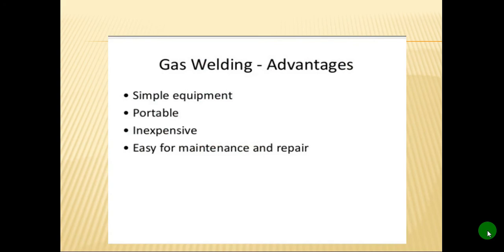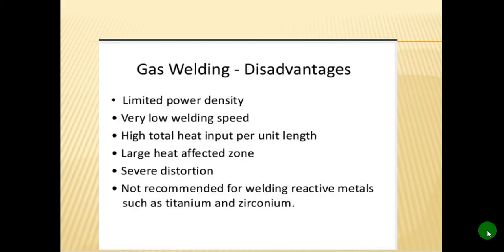Gas welding advantages: simple equipment, portable, inexpensive, easy for maintenance and repair. Gas welding disadvantages: limited power density, very low welding speed, high total heat input per unit length, large heat affected zone, severe distortion, not recommended for welding reactive metals such as titanium and zirconium.